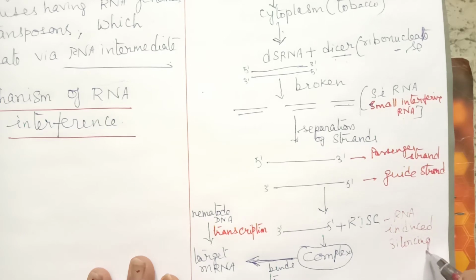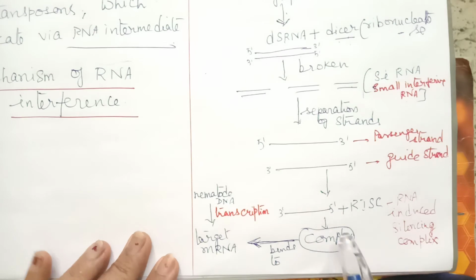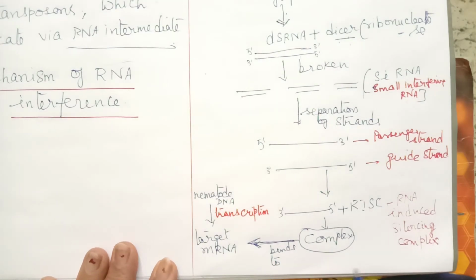RNA induced silencing complex. That is called RISC. So this RISC will combine with the guide strand, which is separated, to form a complex. This complex binds with the target mRNA.